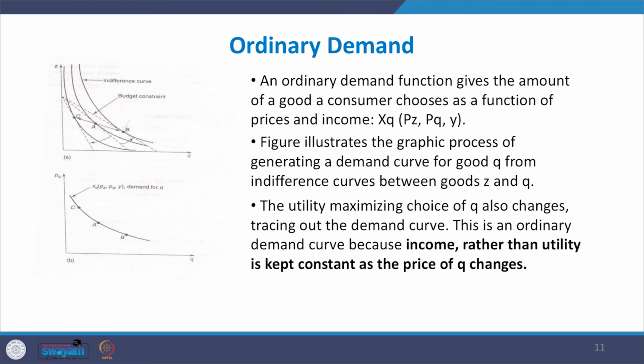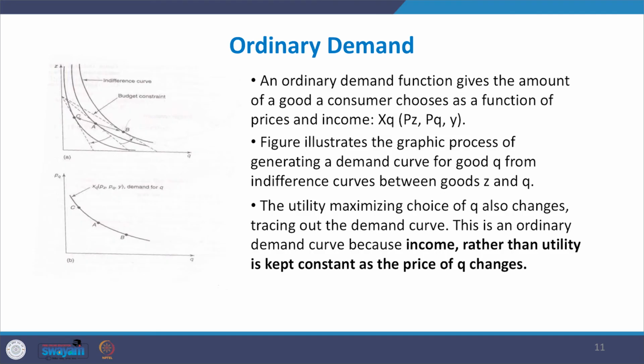And now you can see at point A you can easily determine the quantity, and the price is already known because we are taking different prices to measure the optimum level of consumption or utility of the consumer on the indifference curve. So, point A on the demand curve is one point corresponding to the initial indifference curve and initial budget line.